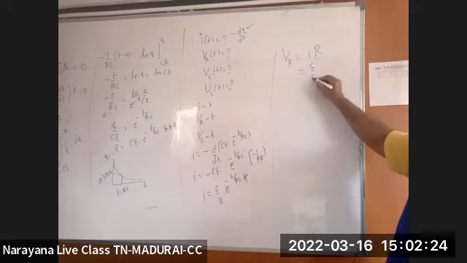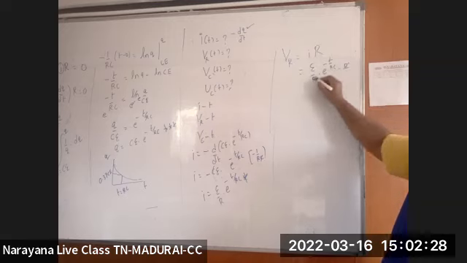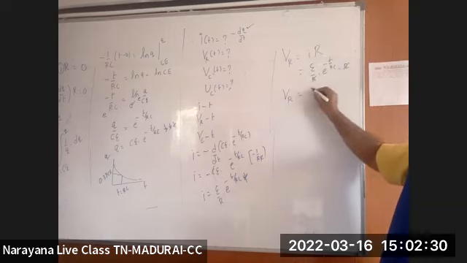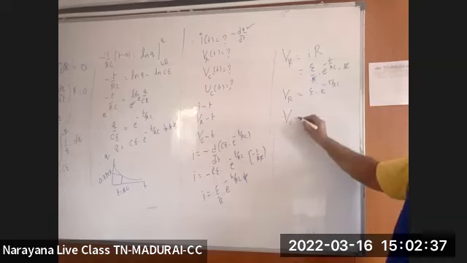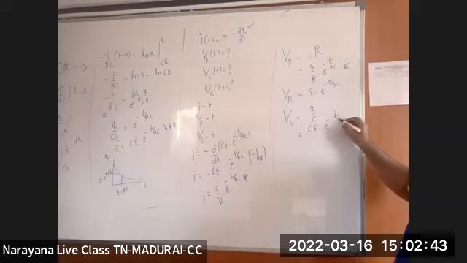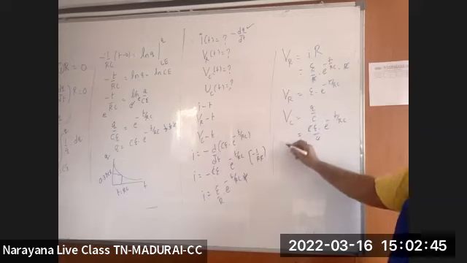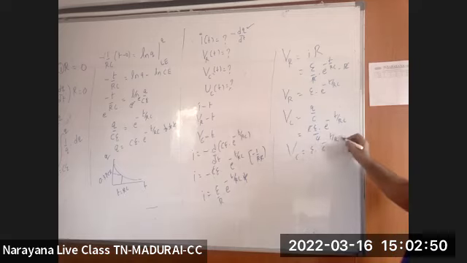So E by R into e power minus t by RC into R. R cancels out. The voltage drop across the resistance is E into e power minus t by RC. What is the voltage drop across the capacitor? Very good, q by C. Q value is C into e power minus t by RC, divided by C. C cancels out. The voltage drop across the capacitor is E into e power minus t by RC.